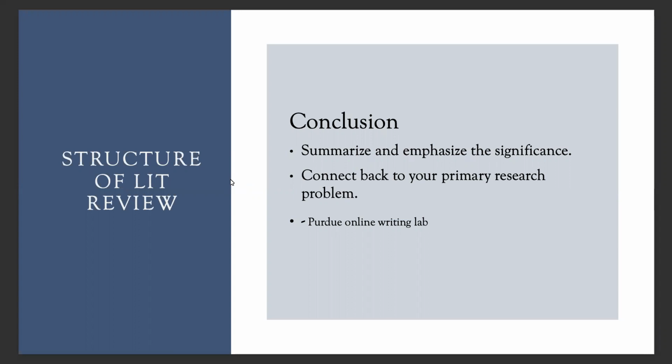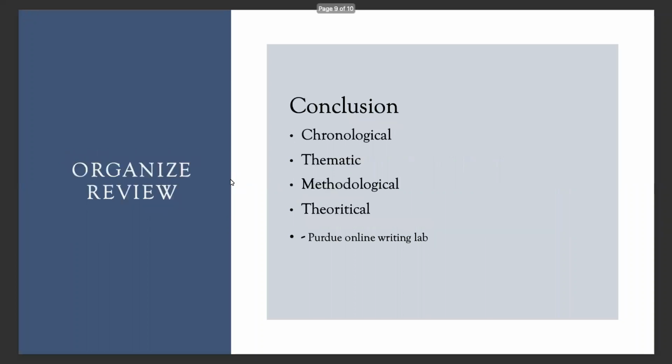And then you have to connect how that knowledge can help you answer some of your primary research problem, and what questions you might be asking on the topic of your research problem.